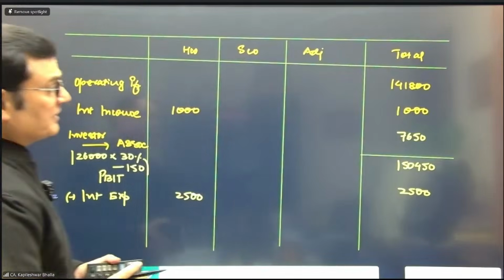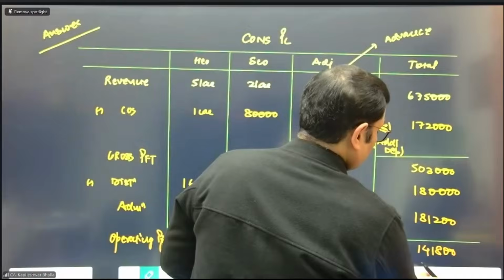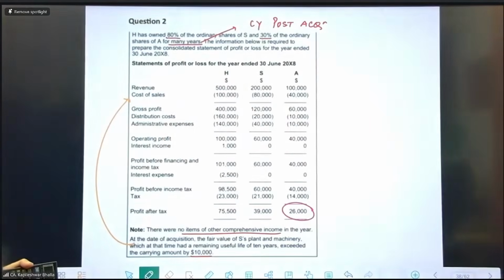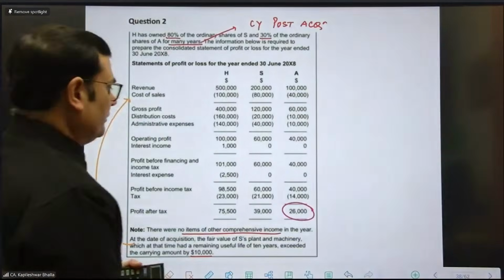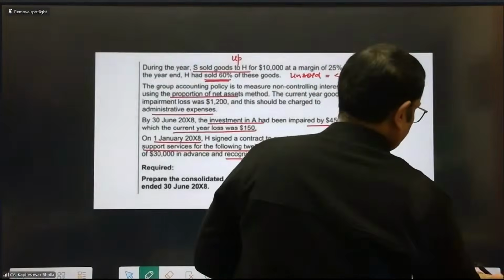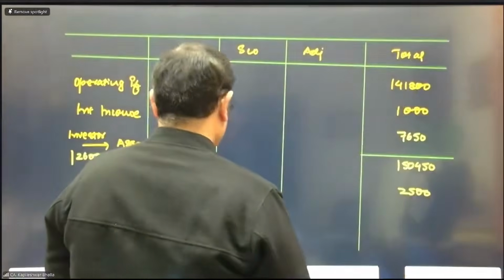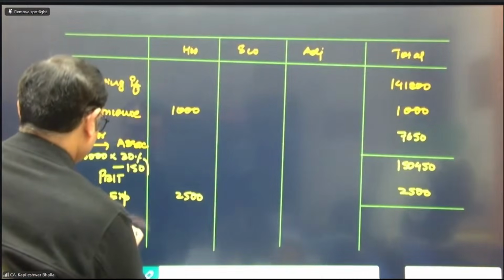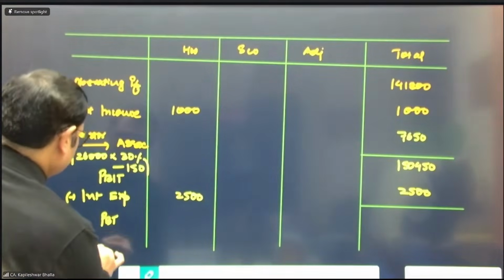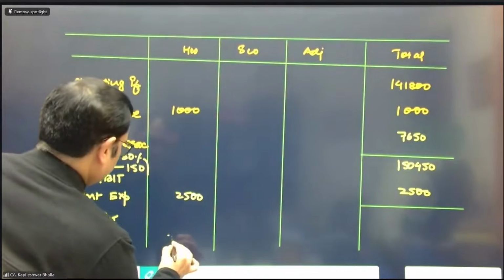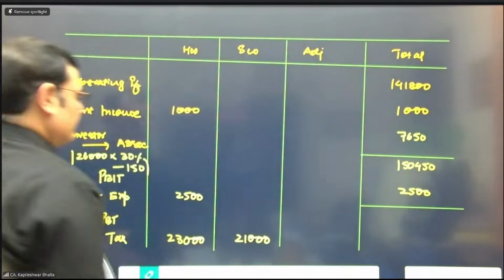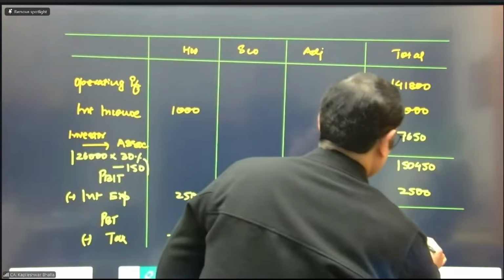Right, so the interest expense is also taken care of. And then I think the only information left over is tax, 23 and 21. So let's get the PBT. And we get the tax, that is 23 as well as 21, so that comes to 44.